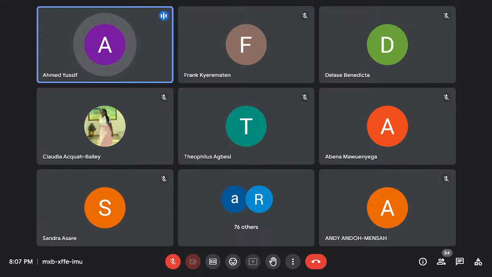For type 1 heparin-induced thrombocytopenia, this usually occurs within 2 days of putting the patient on heparin. So if you put the patient on heparin and after 2 days, you realize that the platelets are going down, then it's likely to be heparin-induced thrombocytopenia type 1.